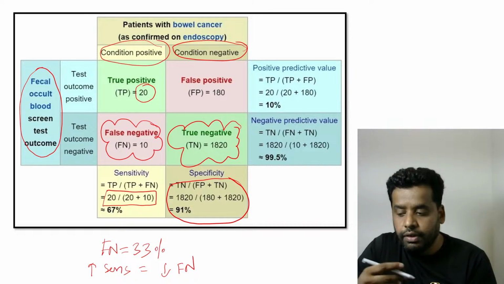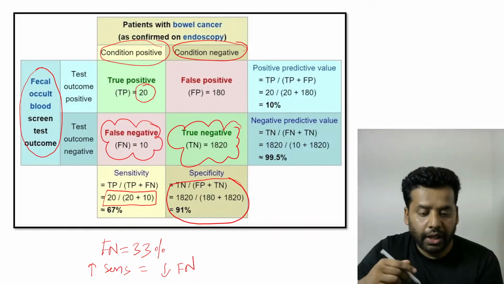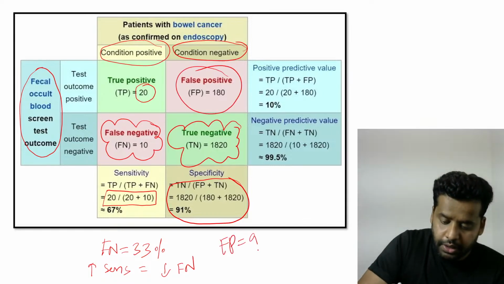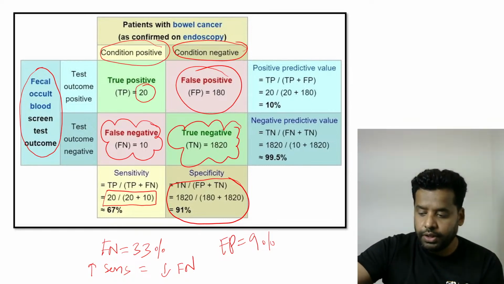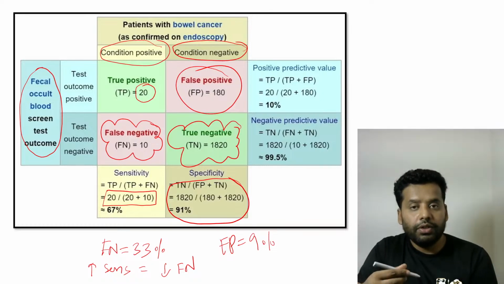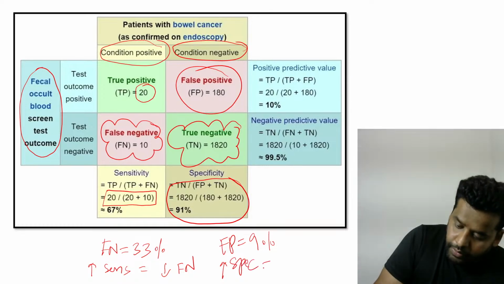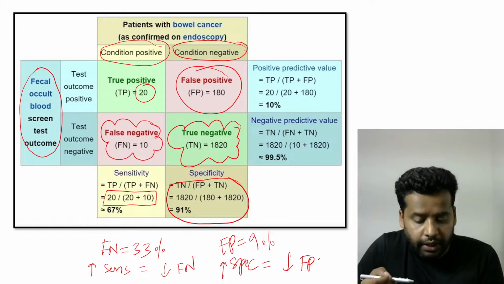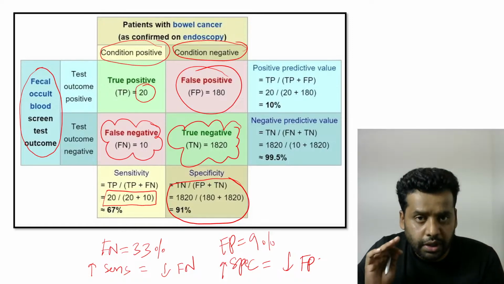If 91% true negatives are there, the remaining 9% will be false positive results. So if specificity is more, false positives will be less. If specificity is increasing, false positives will decrease. So a high specific test will have less false positive results.